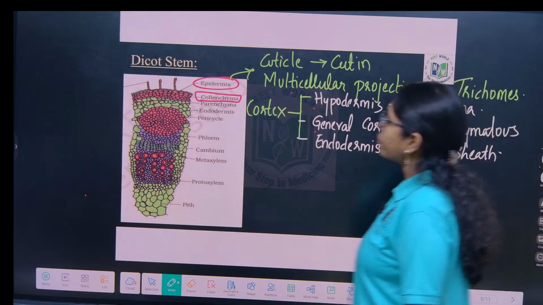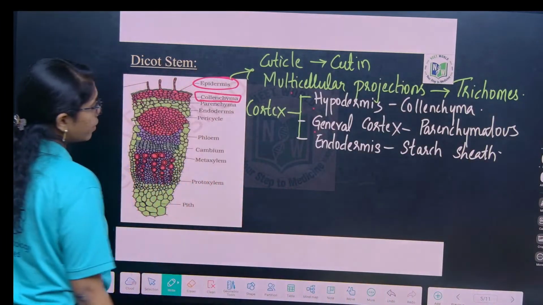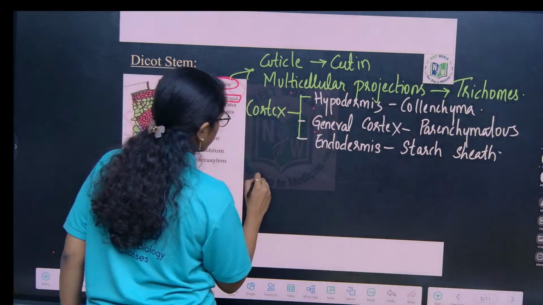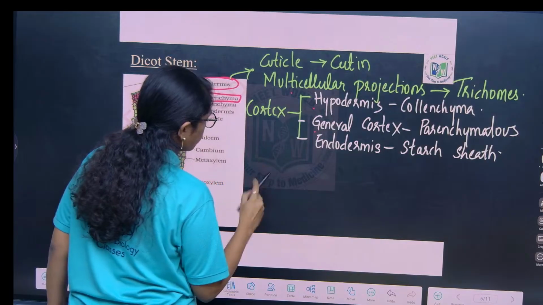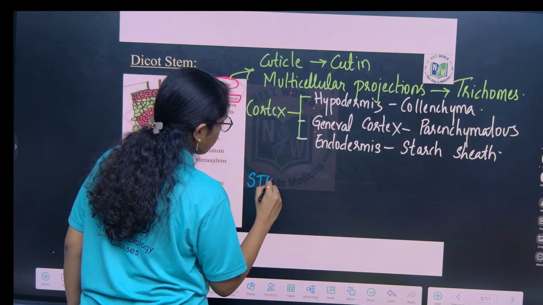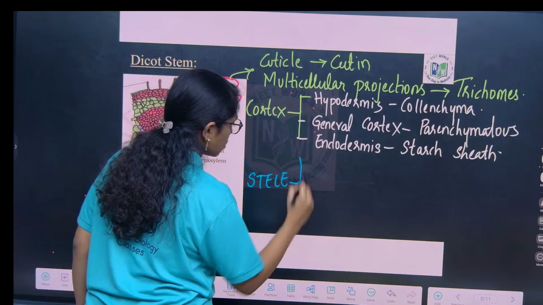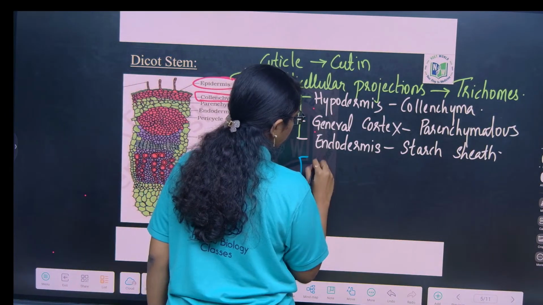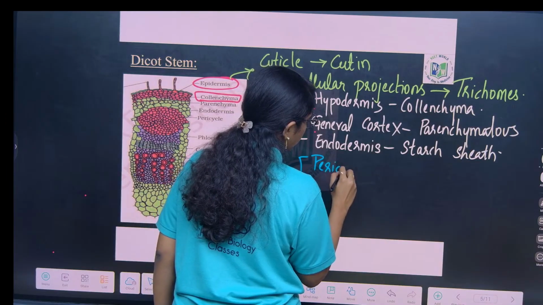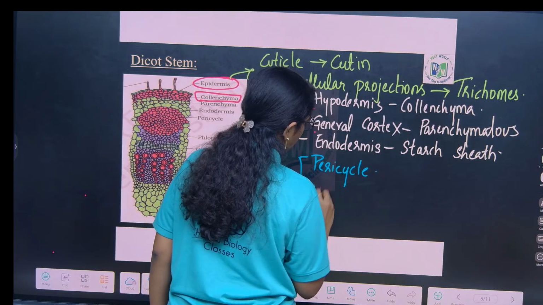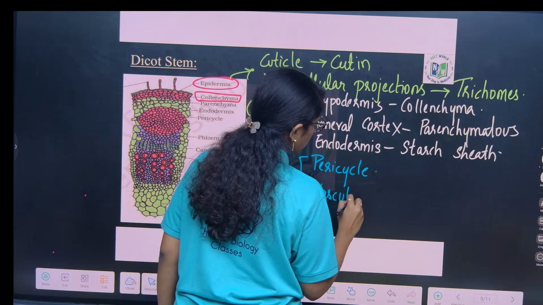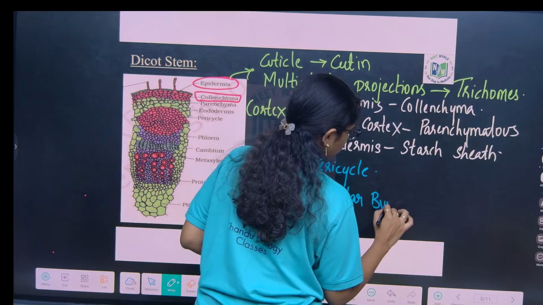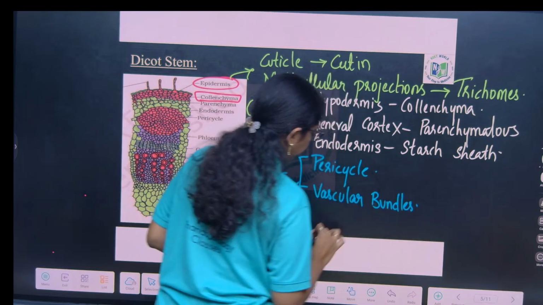Fine. After the cortex region, what do you have? Stele. Stellar region includes first pericycle, vascular bundles, and pith.